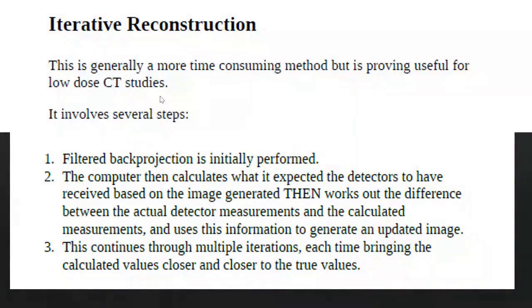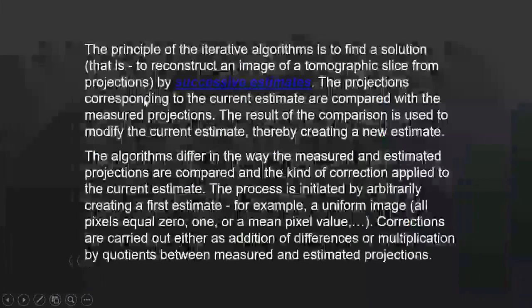Then it starts performing a series of mathematical operations called iteration. These operations work on the projections it has taken and compare them with the estimated image until it reaches a quality level that matches. In this case, we accept the image.